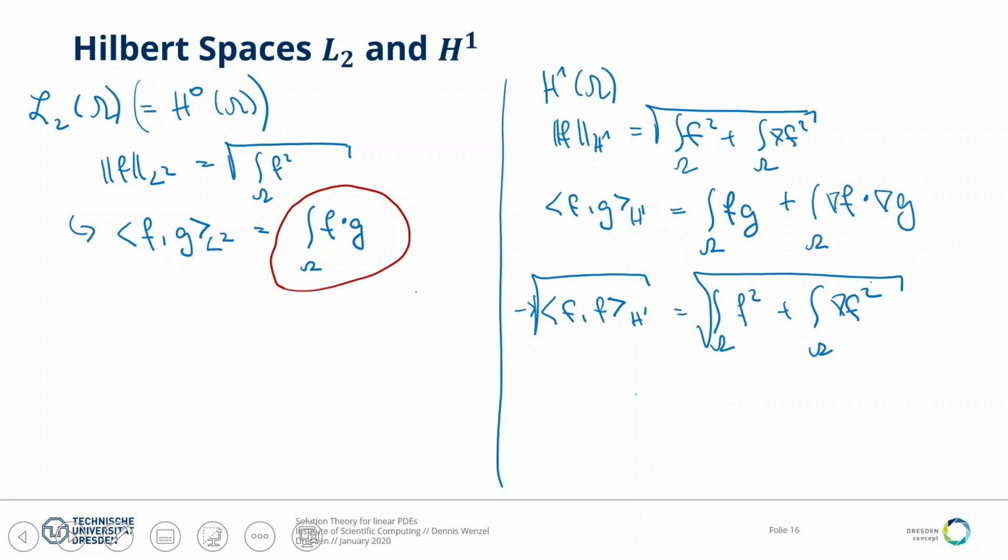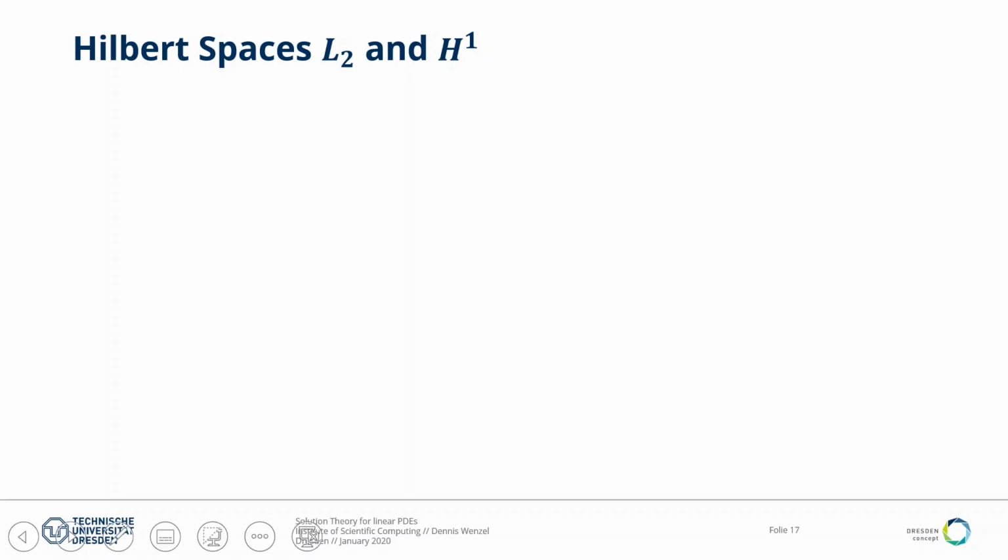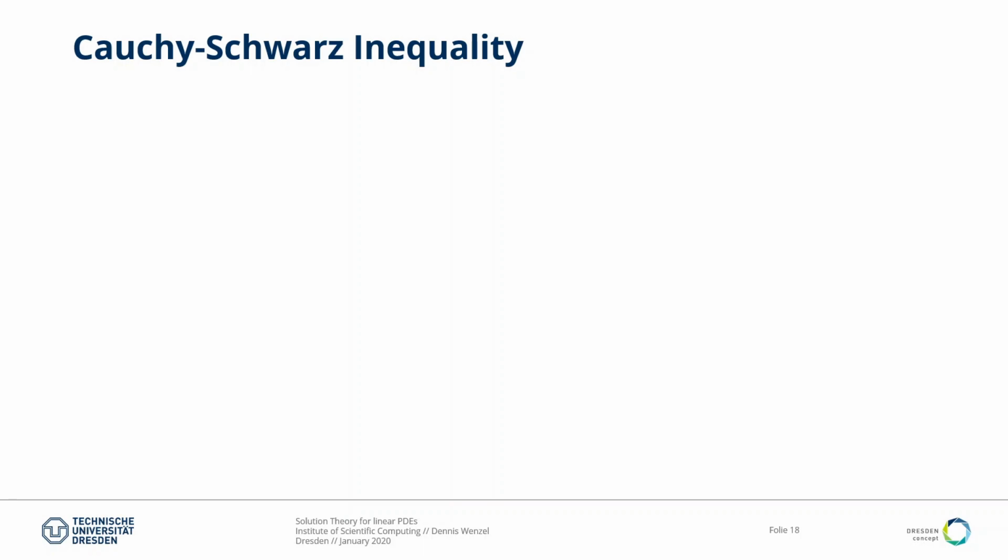Because while we know that the scalar product of f and f directly defines your norm, we don't really know how the scalar product of f and g relates to the norm of f and g. And because the scalar product is inducing the norm, there has to be some connection. And this connection is quantified in the so-called Cauchy-Schwarz inequality.